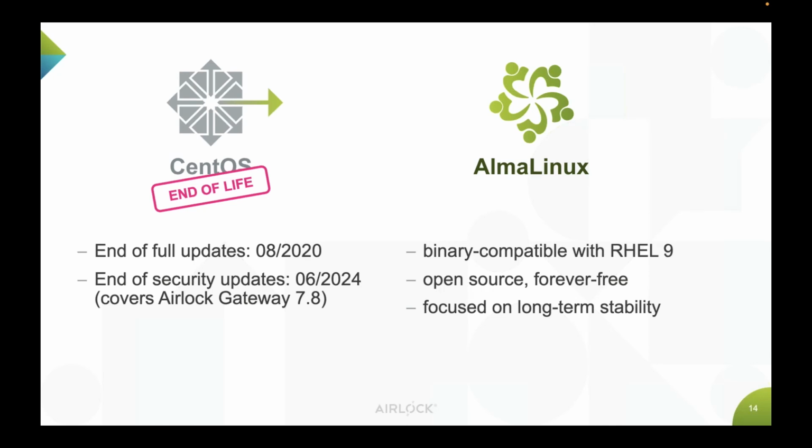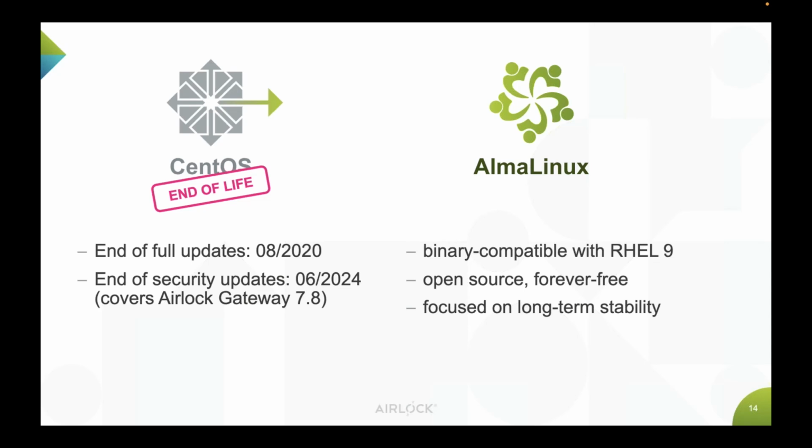But that also makes clear that we had to act now, because if we built another release on CentOS, and as you know, releases are supported 1 year after the following release is published, we would have ended up in a time frame where we had no security updates regarding the operating system, and that would not have been acceptable.